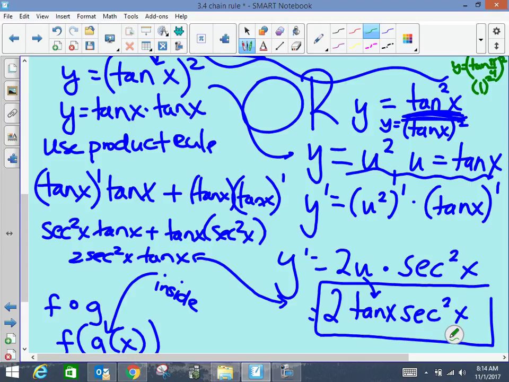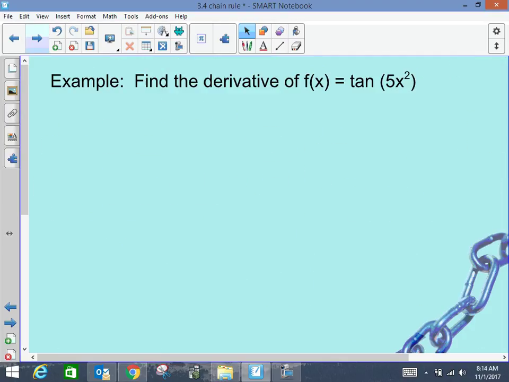And that will get easier, but that's going to give you the most pause at the beginning because it's just a little bit awkward for some of us. I don't know how to fix it, but the only way I can explain it is what are you doing first, plugging in, and then taking the tangent, that's your inside. Then you're taking that and squaring that, you're outside.